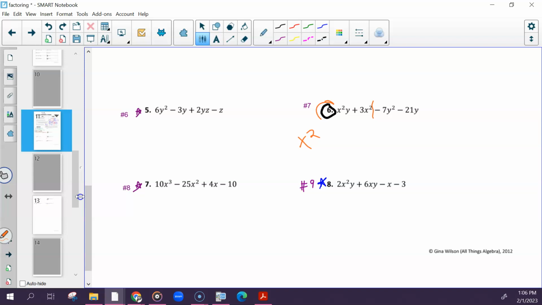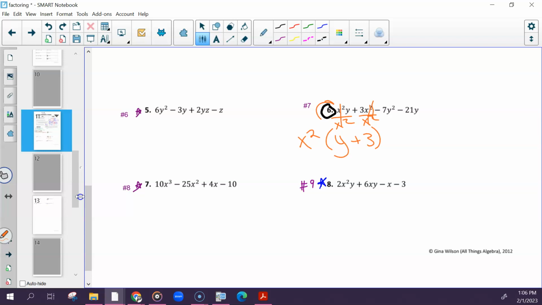What are we missing here? What are we doing with this x squared to bring the y down? Dividing. So that y would be left, and 3. So there wouldn't be any x's left here. Just y plus 3 inside.